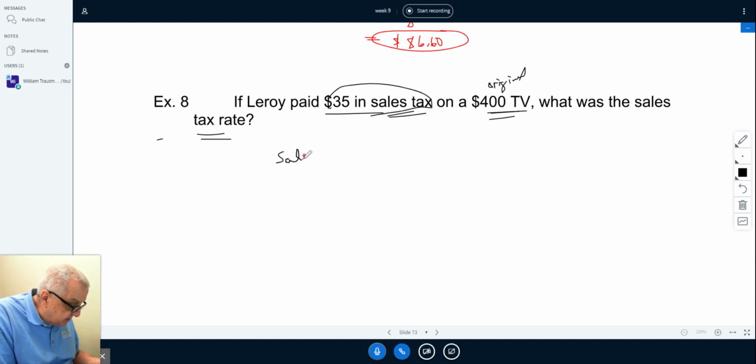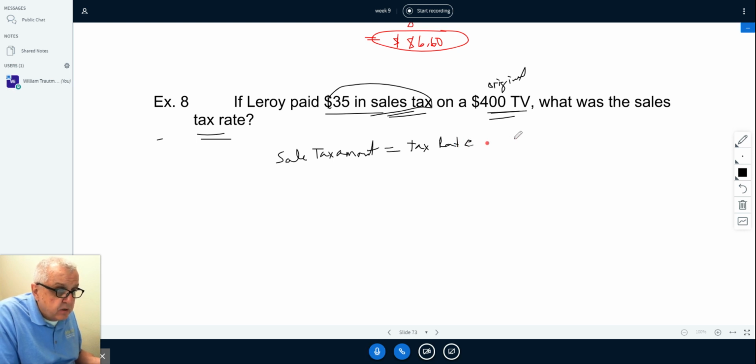The very first one, sales tax amount equals the tax rate times the original price. Well, the sales tax rate is what we're looking for.